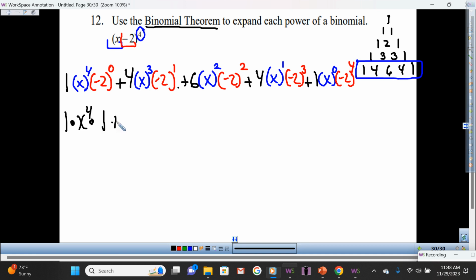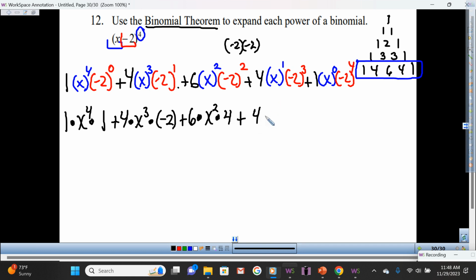Plus, bring down the 4 times x to the 3rd degree is x to the 3rd times -2 to the 1st degree is -2. We leave that in parentheses. Plus, bring down the 6 times x to the 2nd is x to the 2nd times -2 squared. That's -2 times -2 is +4.